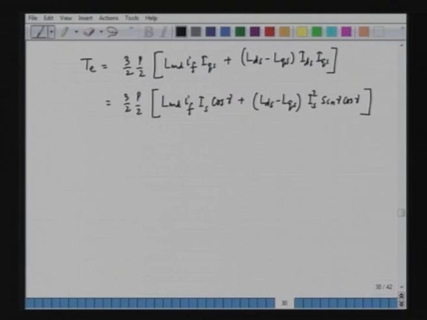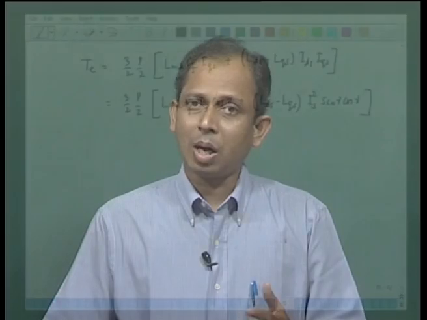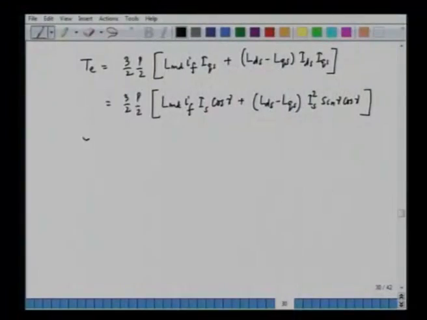So, this is the torque equation of a synchronous machine under steady state condition, but this is also a little complex because this involves IS square, it is a nonlinear equation. So, if we want to have a simplified torque expression from the point of view of ease of control, we would like to take some condition here, and the condition is gamma equal to 0. Now, if you put gamma equal to 0, what happens here?